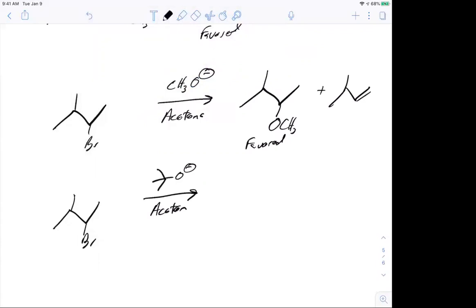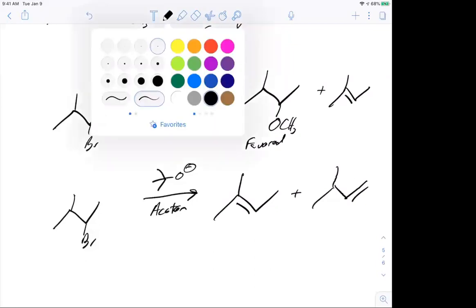In the second case, and I should correct this, in the second case, I'm going to get elimination products, but very little substitution.